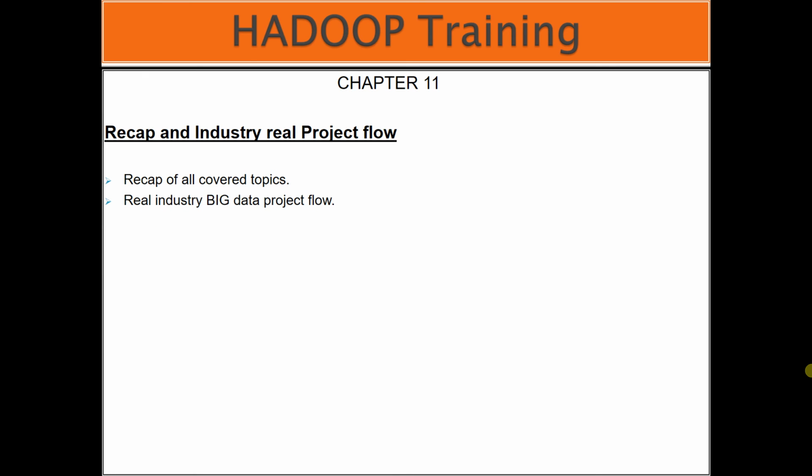In chapter 11, we will do a quick recap of all the things that we learned in the previous chapters, and we will see the industry's real project flow, how a real project flows in the IT industry and what the complete process is: how a person raises an access request, what different types of nodes we have, and how the job is submitted from our client program to the cluster.